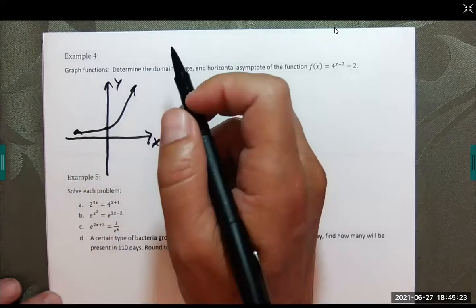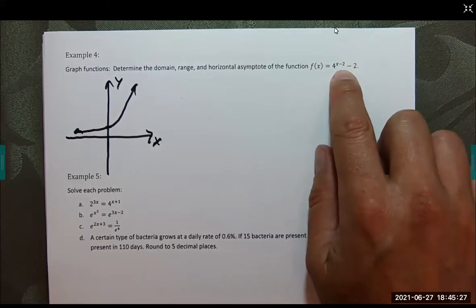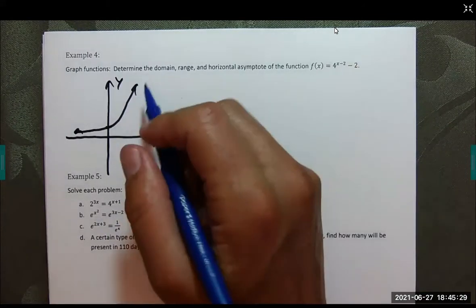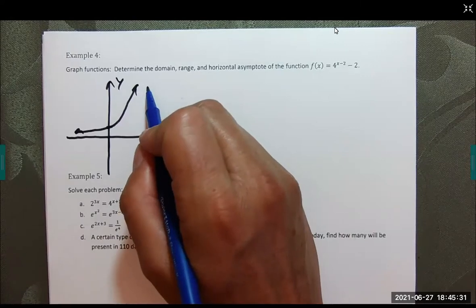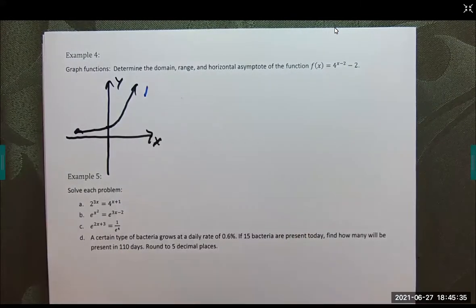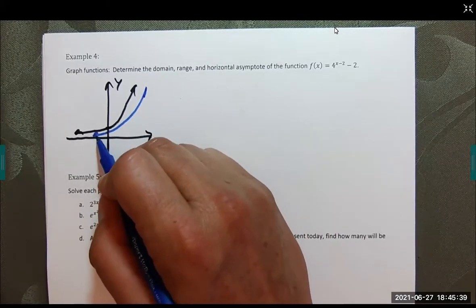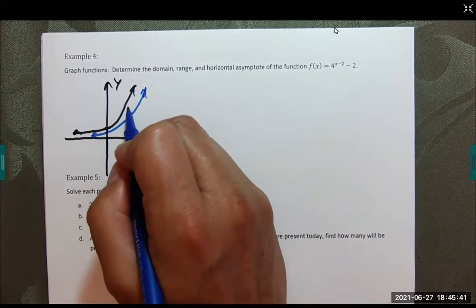Is here. Now, the -2 up here means that I'm actually going to be moving the graph 2 units this way. And that's going to pass through here. So everything's been shifted over.